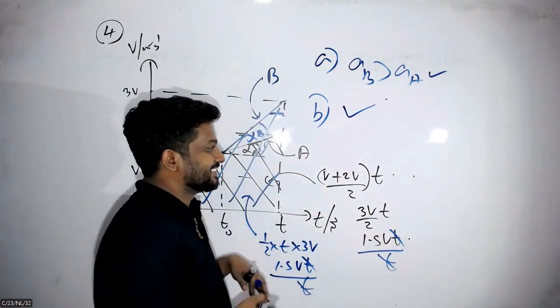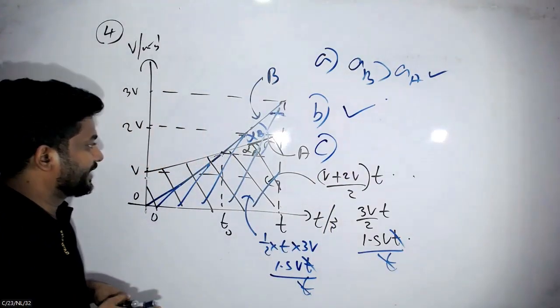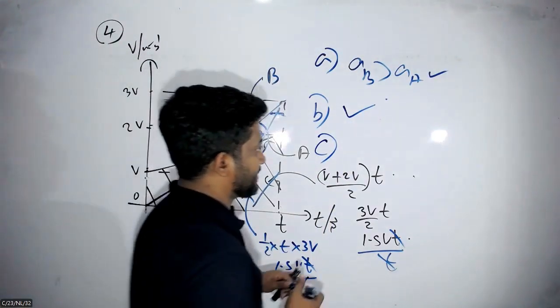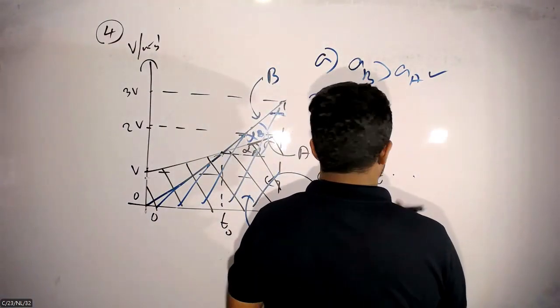Got it? Then you can consider the statement C. Before the statement C, up to T naught, no?